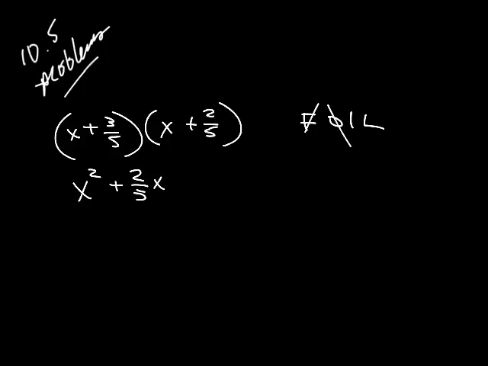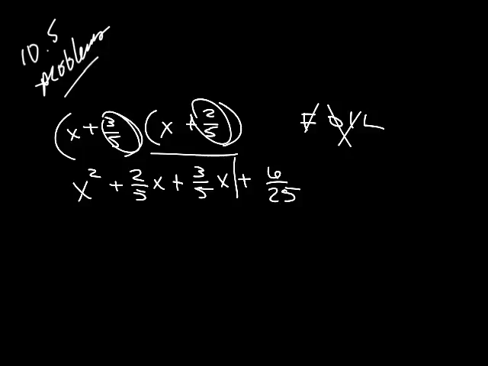Now let's do the inside. 3/5 times x is 3/5 x, and that takes care of that. And now last, 3/5 times 2/5. 3 times 2 is 6. 5 times 5 is 25. Remember, when you multiply fractions, you multiply the top numbers together and you multiply the bottom numbers together.